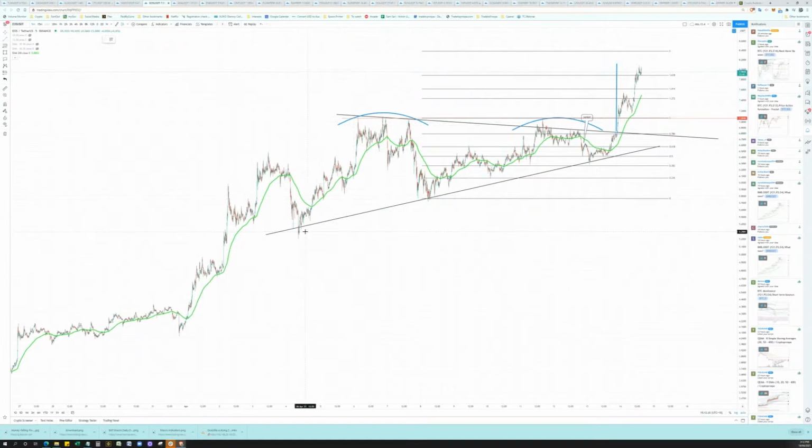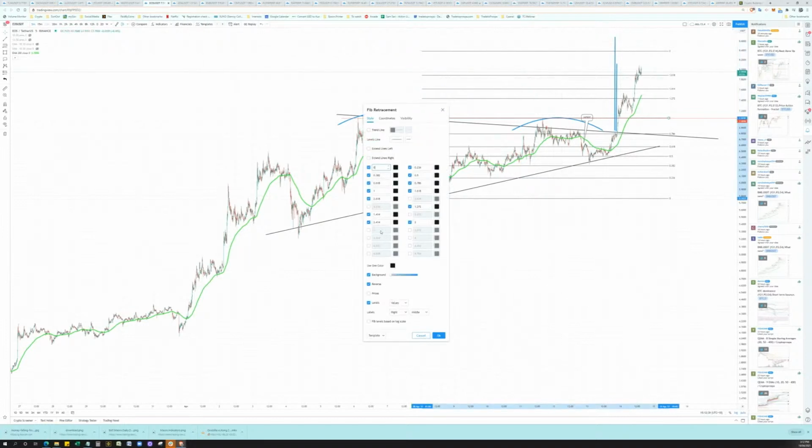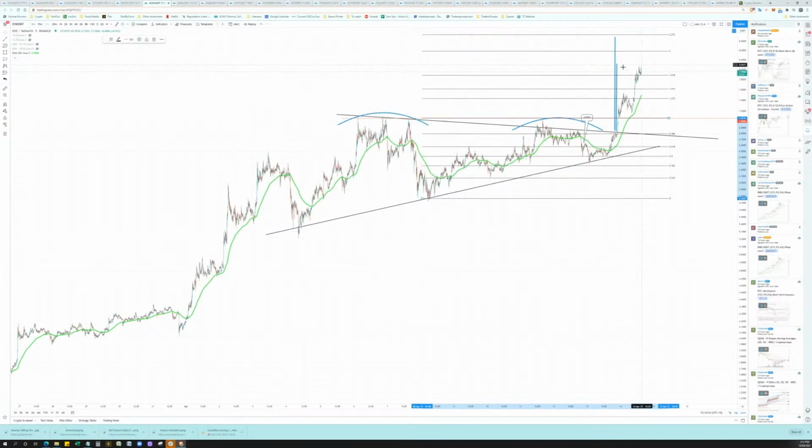We can say the other part of the structure is that level. Where is it? So I would say for the bigger structure, that's the target there, 2.272. So we might get a rejection here, but it's already gone above the 1.68. Let me see another method.